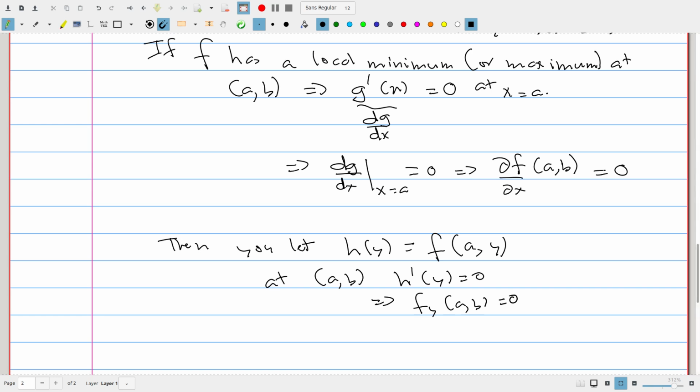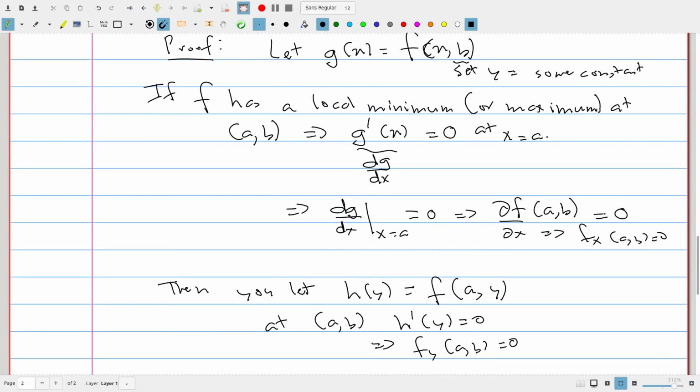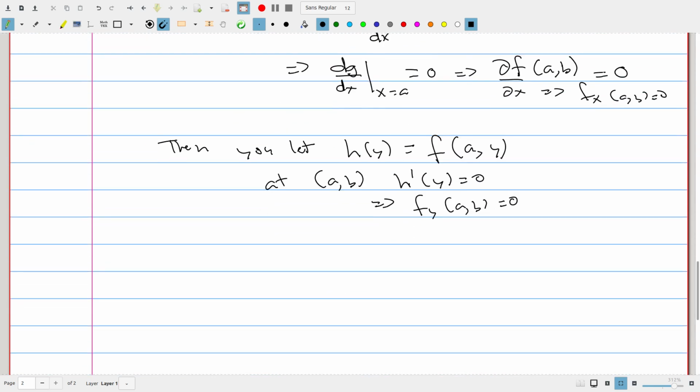This is similar to the first one, which was f_x of (a, b) equals 0. So f_x of (a, b) is 0, and f_y of (a, b) is 0 at the critical point.